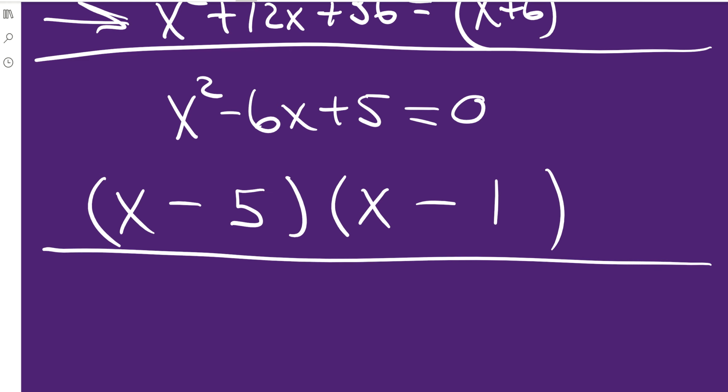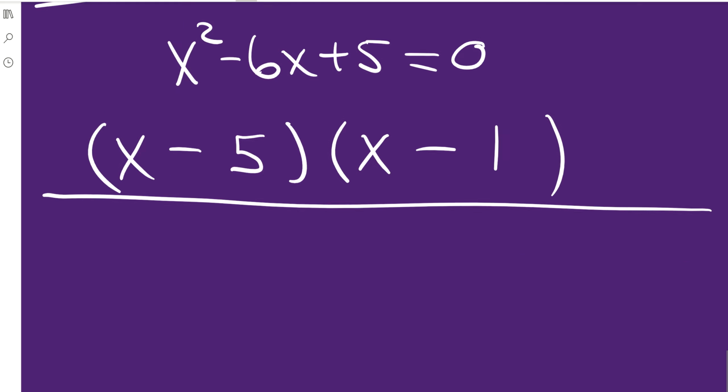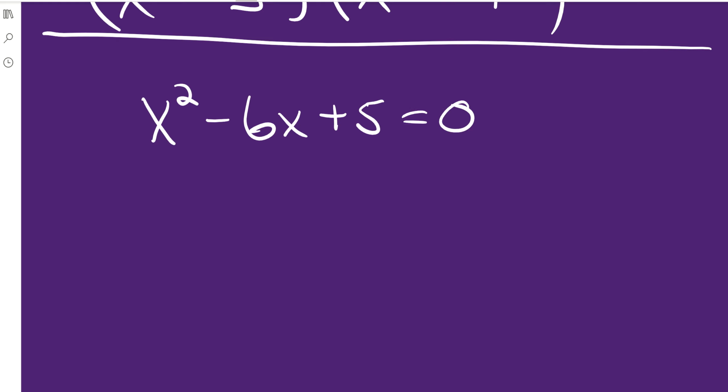That's fine. But if I'm doing the method of completing the square, I'm going to take that same problem, x squared minus 6x plus 5, that equals 0. All right, so when we complete the square, what I want to do is make sure my lead coefficient is 1. So if this were a 2 or a 3, whatever number that would be, I'd have to divide it by whatever number is there.